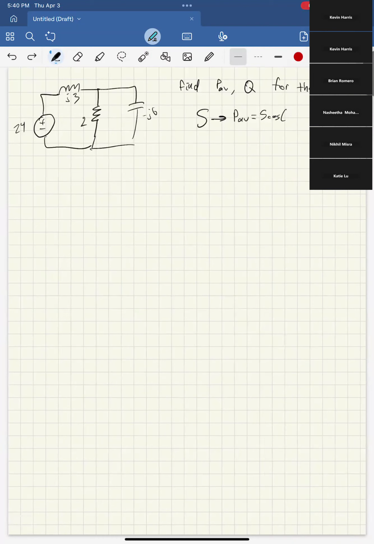So we want to find the voltage across this inductor and the current through the inductor, because that'll let us find S. So I'll write that: S equals 1/2 V I bar.